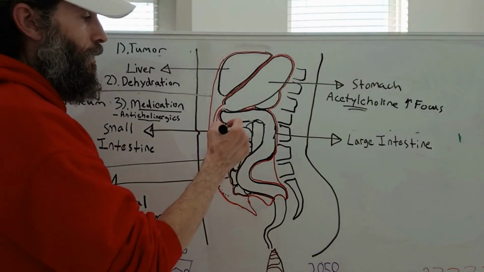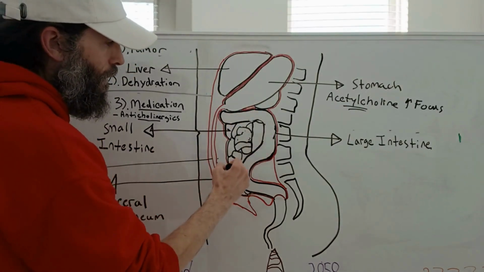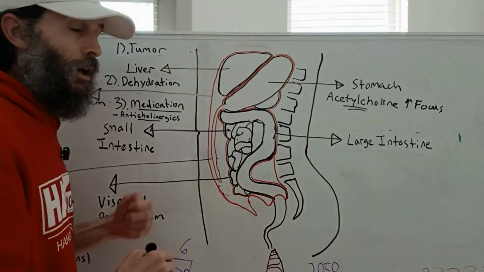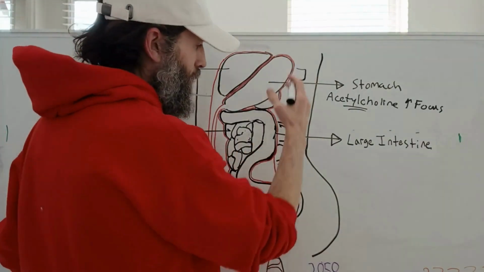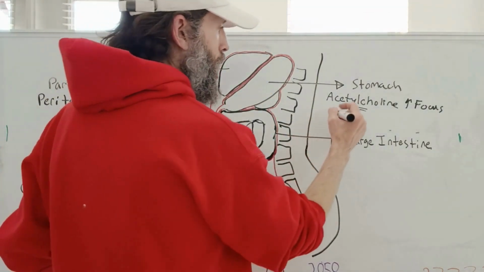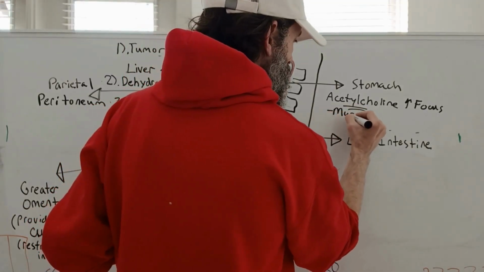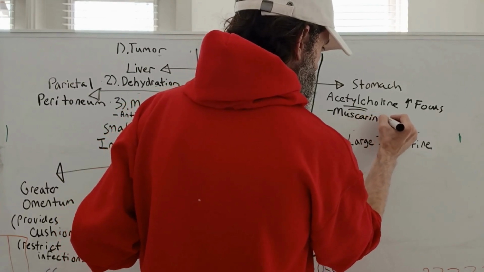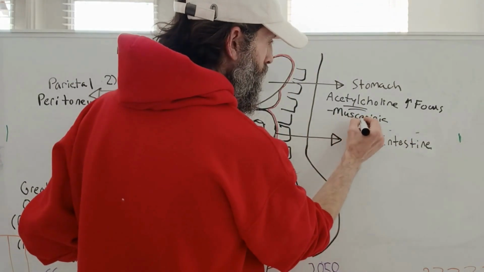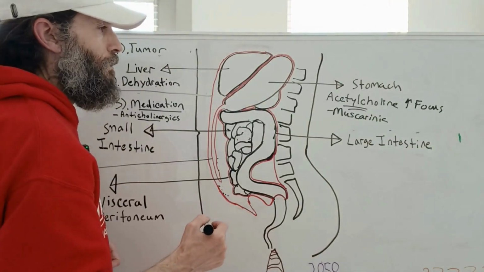Now, a little bit of extra credit, the type of receptors in the intestines and in the bladder, also in the pupil of our eye, for example. But like I said, acetylcholine is used throughout the whole body. That type of acetylcholine receptor is called a muscarinic acetylcholine receptor.